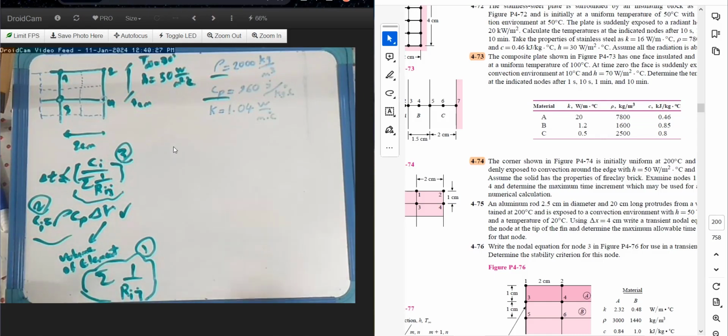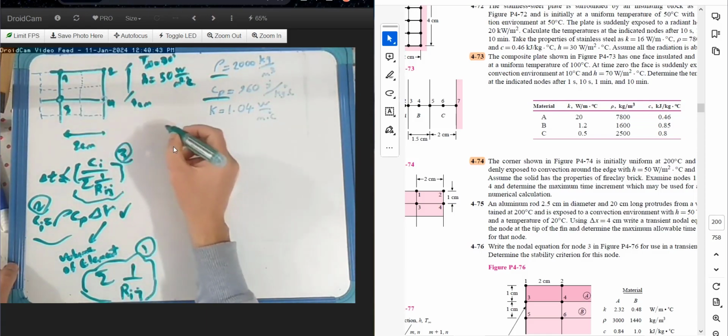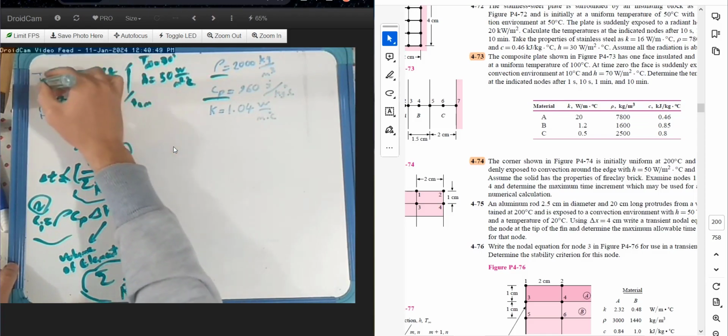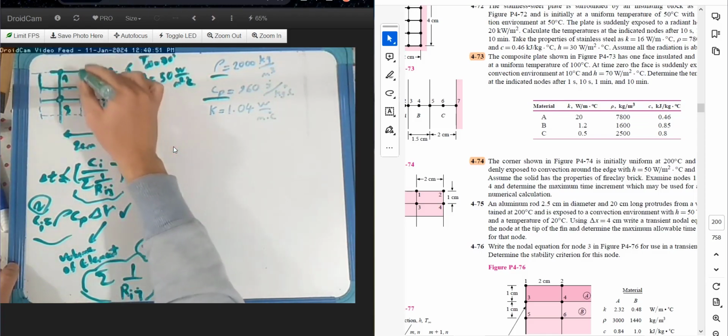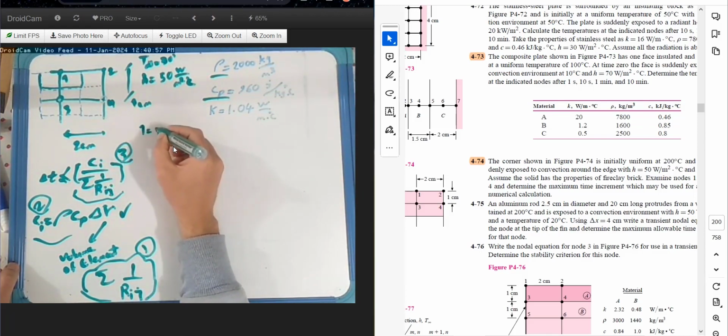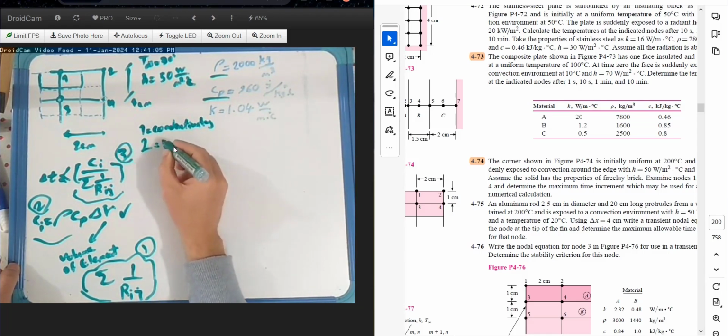So let me write this formula here. We should start with this one. For point 1, what resistance do we have for this element? Because this is the element of point 1. First, conduction, and second, convection.